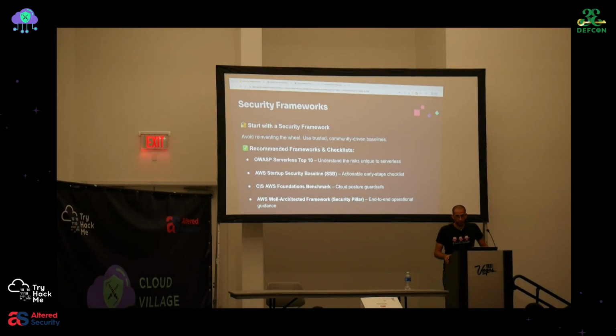So if you want to start securing a serverless application, you do not need to invent the wheel. There are already frameworks that you can start working with. For example, there is a framework called OWASP Serverless Top 10, released by the OWASP organization. For AWS, you also have the AWS Startup Security Baseline, the SSB, or the CIS benchmark, and also the AWS Well-Architected Framework.